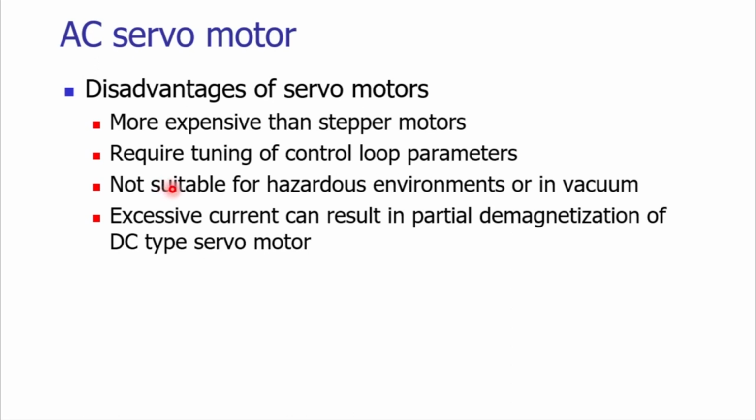We have to calibrate the servo motor quite often, and since sensing circuitries are incorporated, since sensors are embedded, servo motors are not suitable to work in hazardous conditions or in vacuum. When temperatures are very high or environmental conditions are harsh, servo motors are not suitable for such harsh conditions.